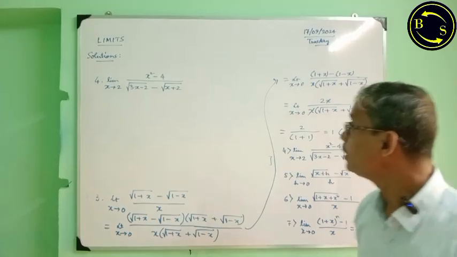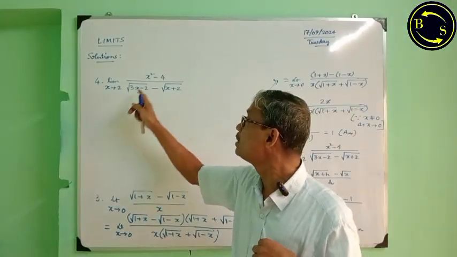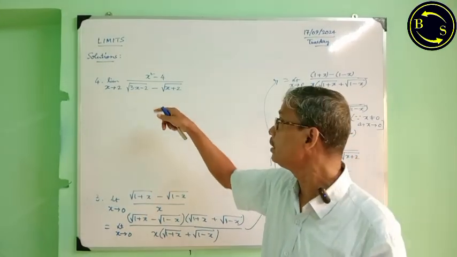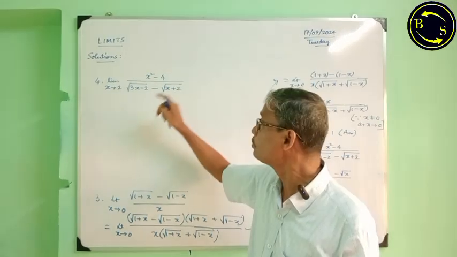As discussed earlier, we first put the value x equal to 2 in both numerator and denominator. 4 minus 4, that is equal to 0.